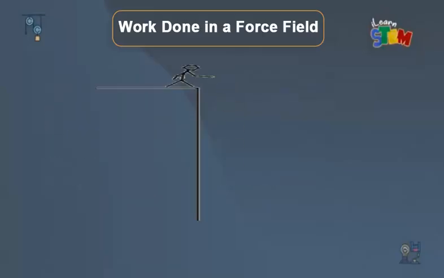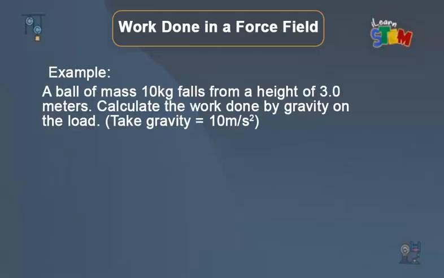Again, consider the case of a body falling freely in a force field. If a body of mass, m, falls through a vertical height, the work done by gravity on the body is also given by mass times acceleration due to gravity times the distance of the fall. For example, a ball of mass 10 kilograms falls from a height of 3.0 meters.